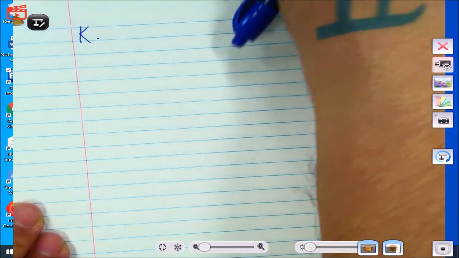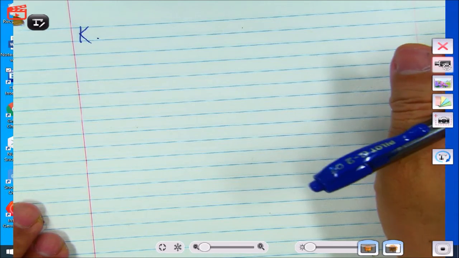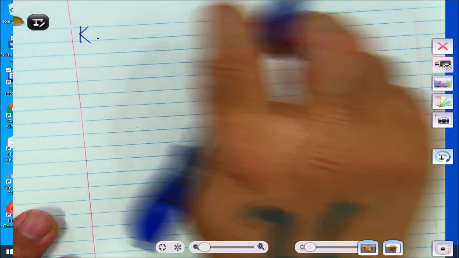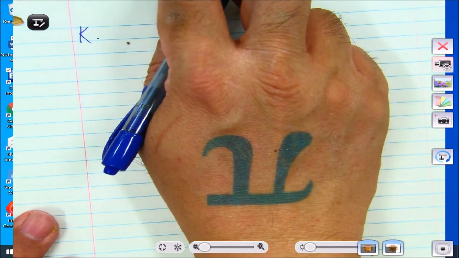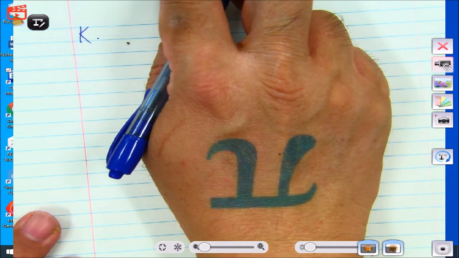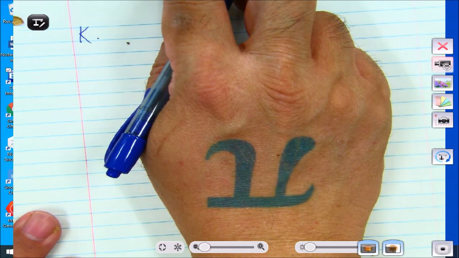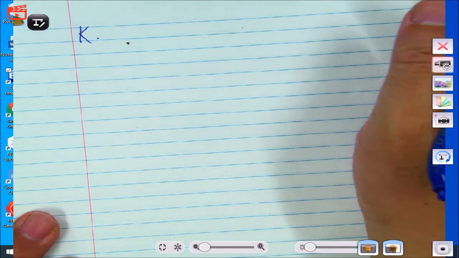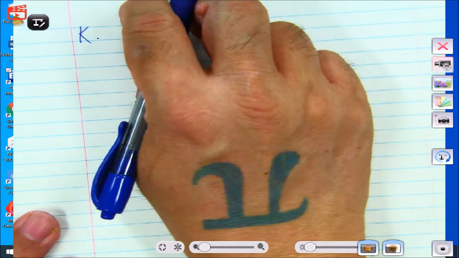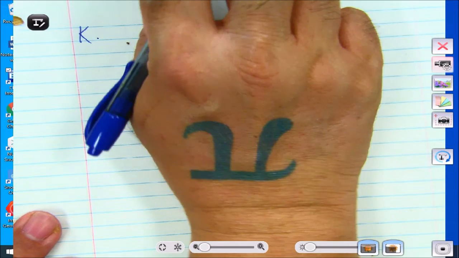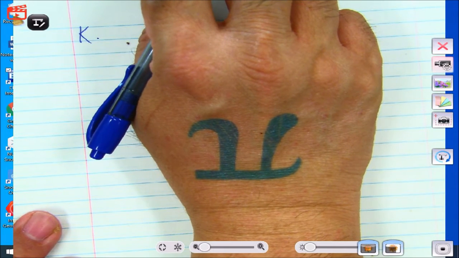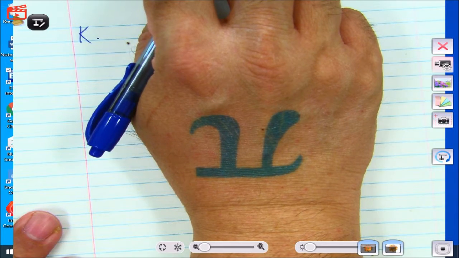You have a pie tattoo? No, I do not. What is that? This? That's the Torii symbol from a Japanese gate. Is it a tattoo? No, that's the letter U. That looks like pie to me. Yeah, it looks like pie, buddy. Really?